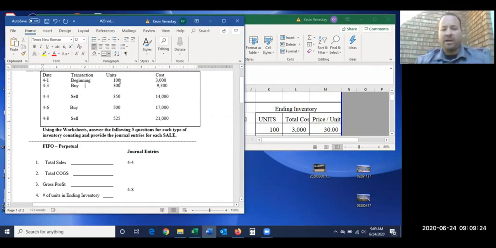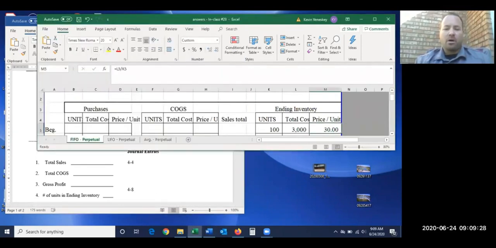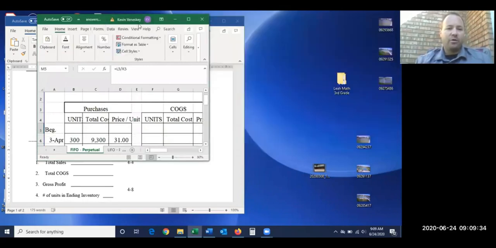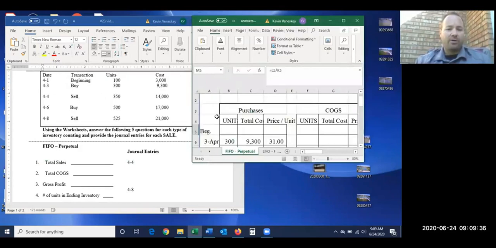Okay, so then what we're going to do with FIFO, we have our next purchase. So we don't think 100 units is going to be enough, so we go ahead and buy 300 more. All I'm going to do is come over here and put it into my purchase, put in that new amount. So we've got 300 at $9,300 total. And then when I do the math, it says, okay, these items were slightly more expensive, 31 bucks a piece.